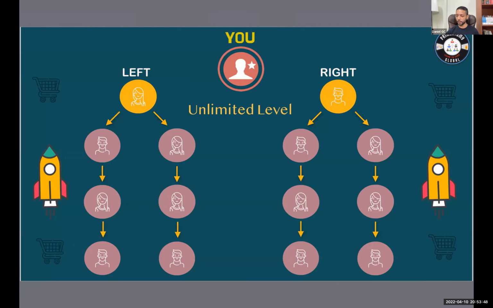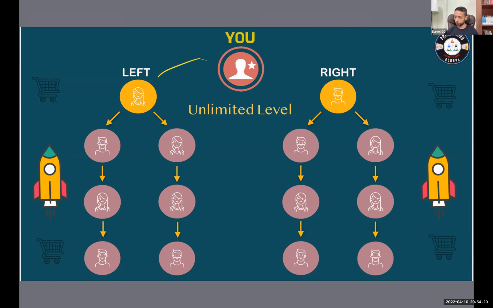So what do we mean by unlimited level? If you see here, that's you in the middle, and you've got a left leg and a right leg. These levels keep going on and on. I'm going to try to point something out here.